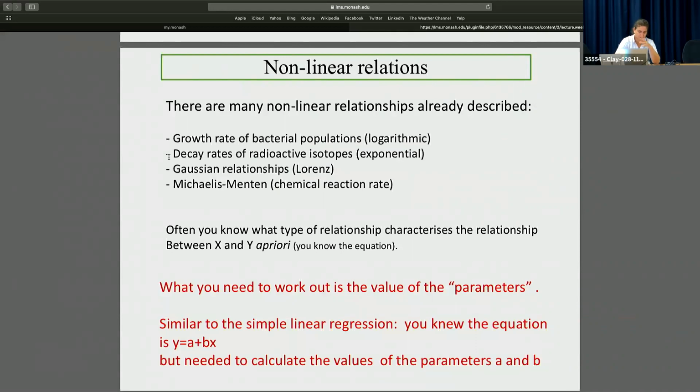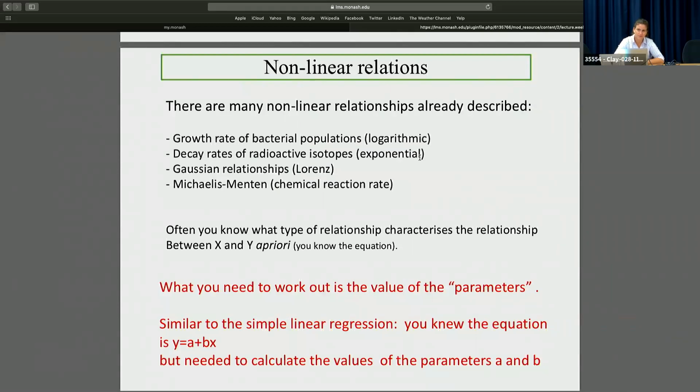And usually we just measure a few points, right? But we fit it to a type of exponential curve, and from that we can work out half-lives, how old our sample is, things like that. So decay rates would be fit to an exponential curve, and that has parameters that are known.